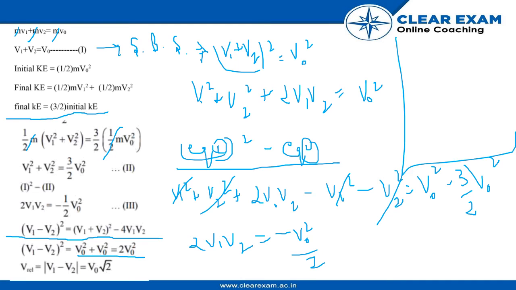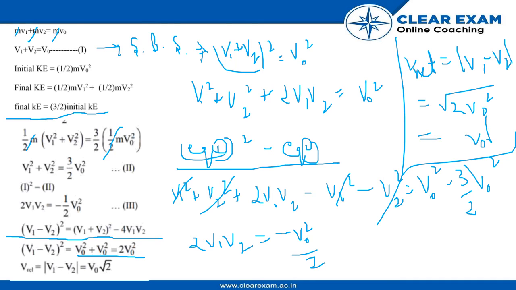And if we talk about v net, that is mod of v1 minus v2, which is simply just under root of 2v0 square, and it comes out to be v0 root 2.